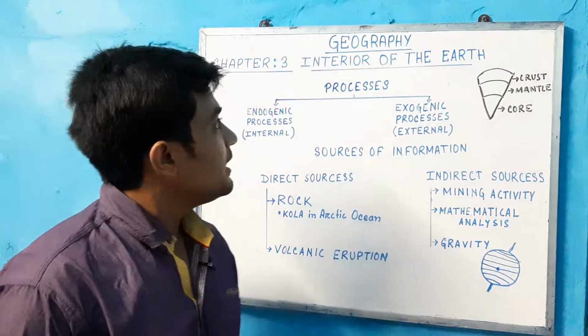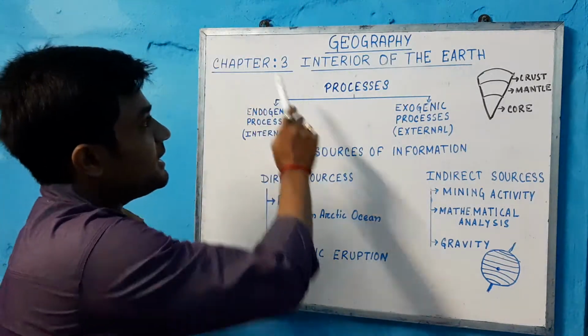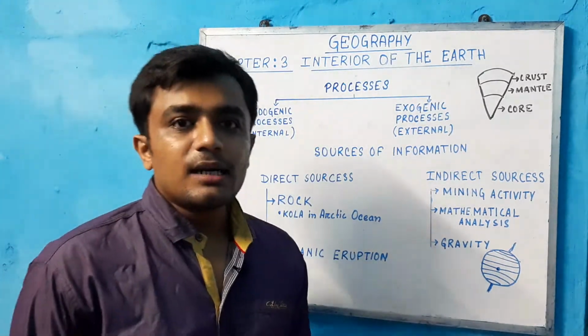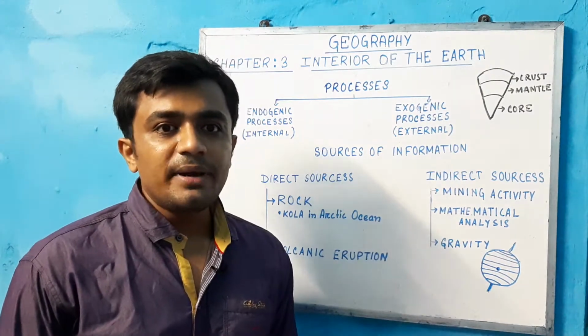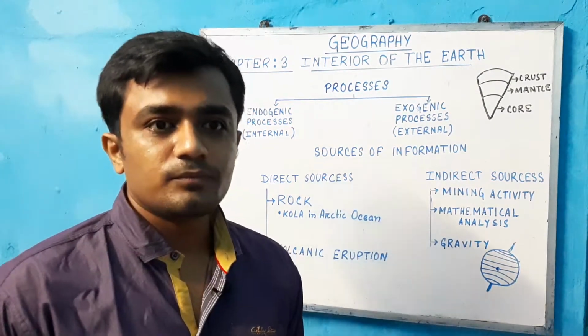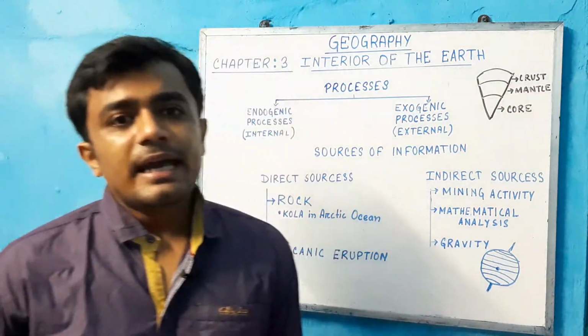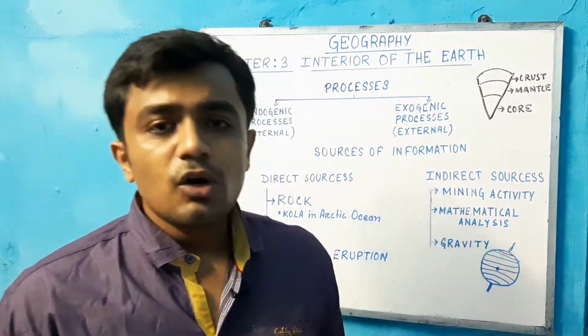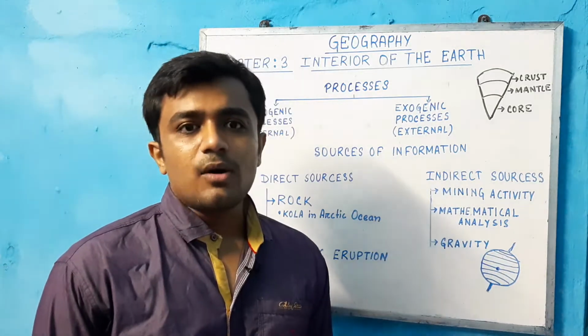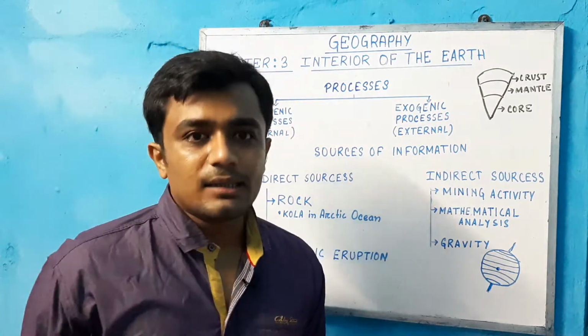Today I am going to teach you chapter 3, Interior of the Earth, from the book Fundamentals of Physical Geography. When we say interior of the earth, we are talking about the inside of the earth.